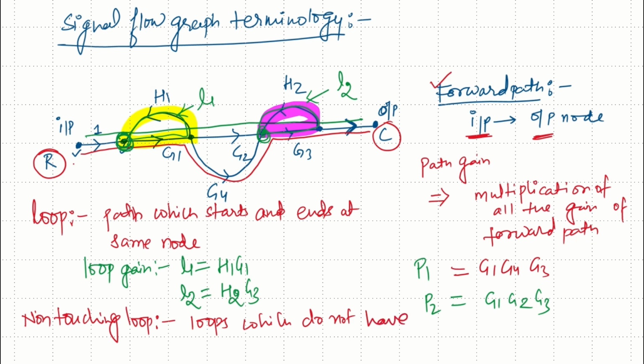So clearly these two loops L1 and L2 do not have a common node in between, so these are two non-touching loops. If the loops have common nodes in between, they are not non-touching loops. So these are some terminologies which we use in the signal flow graph method. I hope you understand this.